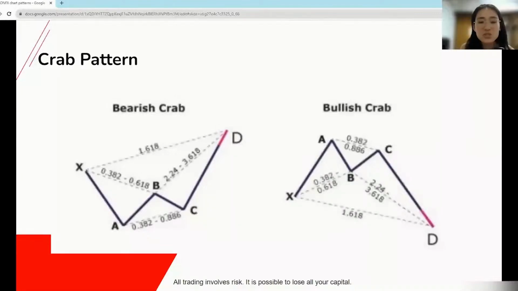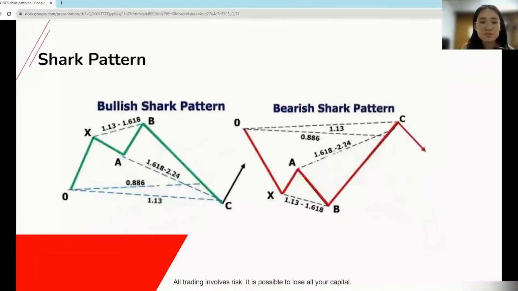Okay, long positions should be considered after a clear bullish reversal with a stop loss placed below the potential reversal zone. So stop loss would probably be somewhere here. Okay, remember the potential reversal zone is basically the area after the neckline area. Okay, bullish sharp pattern.